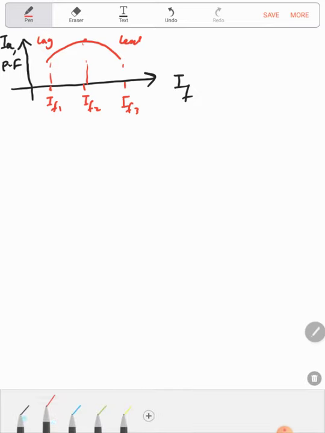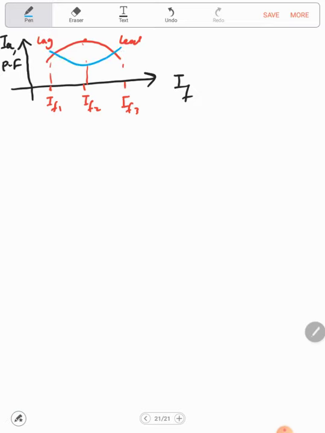Now IA, this will be the IA. So this is a plot, of course, at constant speed, at synchronous speed. So the field current can be adjusted such that IA lead VA. So in this case, the machine appears as a capacitor, supplying reactive power to the system.